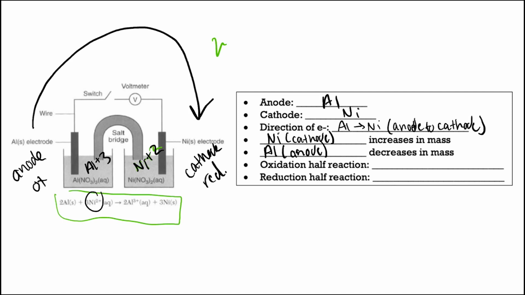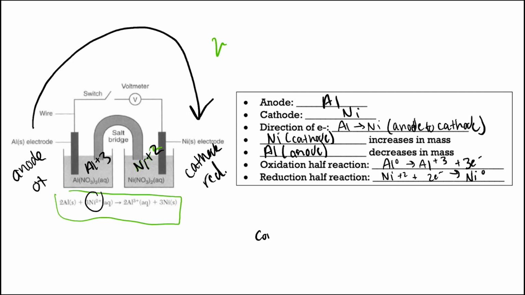And then if we're adding our half reactions, aluminum looks like this. I hope by now half reactions make some sense. And then reduction looks like this. Ni plus 2 plus electrons gives you Ni 0.